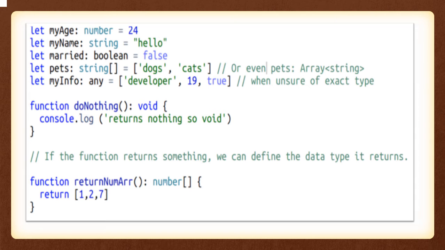If you want to hold this entire object, I will assign the data type any. Let my info be of data type any, and I am providing developer, 19 and true. Here developer is string type, 19 is number type, and true is boolean. We use any when we are unsure of the exact data type; if you don't know the exact data type, we will go for that.